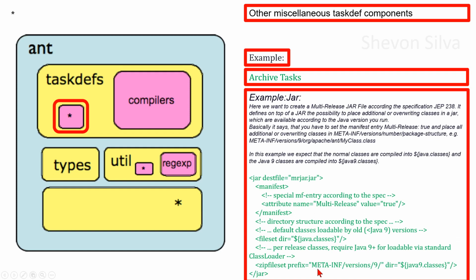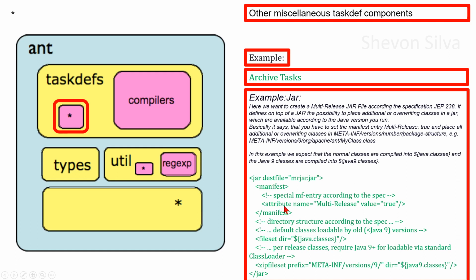Example: META-INF/versions/9/org/apache/ant/MyClass. In this example, we expect that the normal classes are compiled into java.classes and the Java 9 classes are compiled into java9.classes.